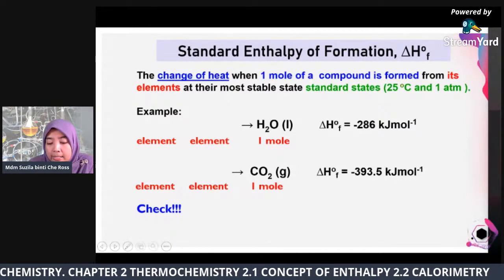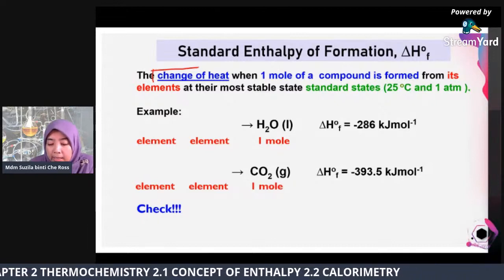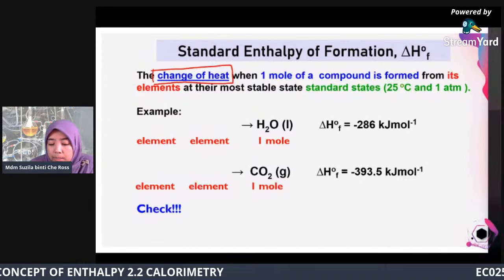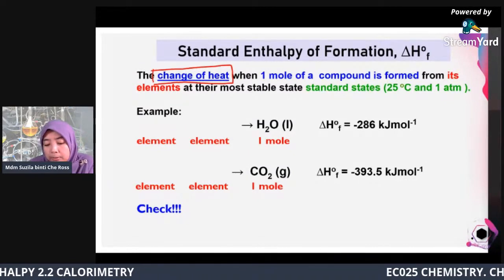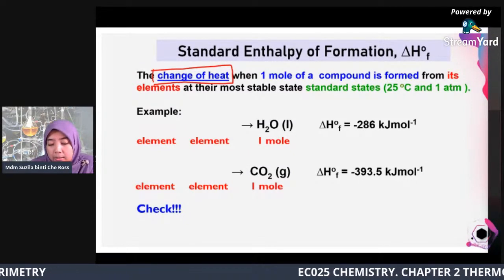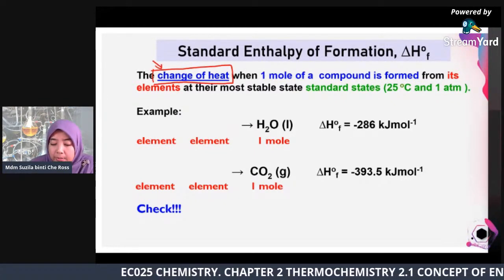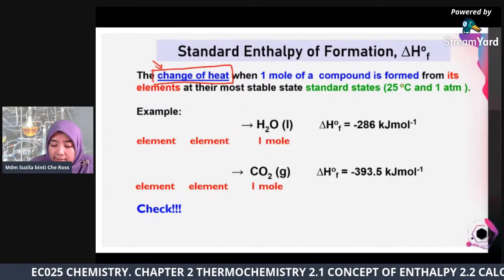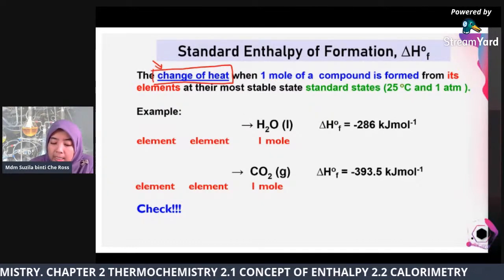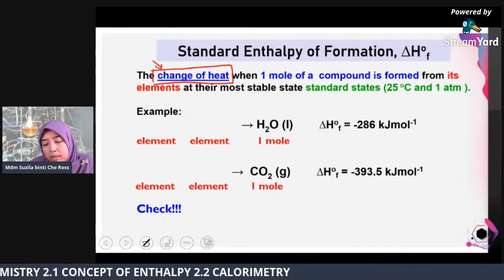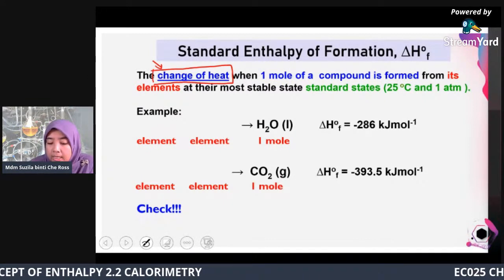Okay, so at different types of enthalpy, there are different definitions lah. So maybe you will find some reaction release heat or absorb heat. So this part you need to highlight. So for formation, it involves change of heat. That means it could be positive or could be negative.